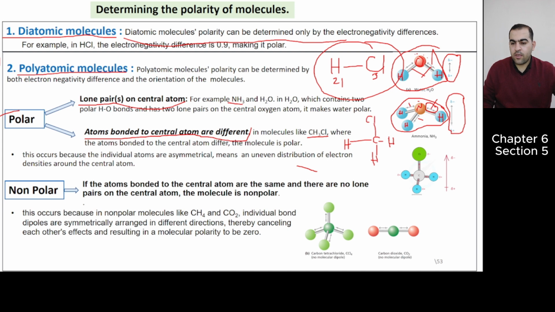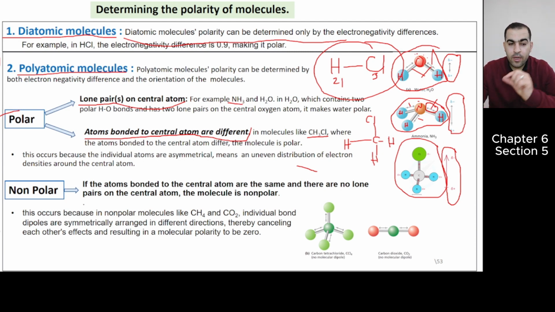Are the atoms bonded to the central atom the same or different? Different. There are 3 hydrogens, but chlorine is different from hydrogen. So this is also going to be polar. The bonds are polar, and the whole molecule is polar too.